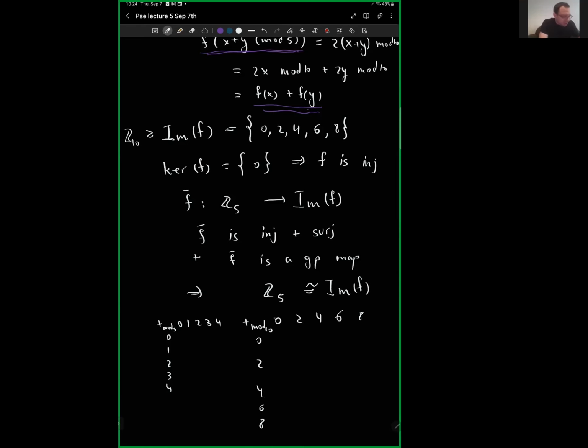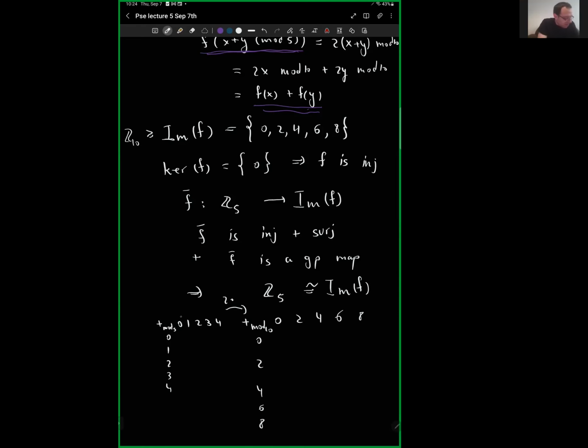But notice that from here to here, I blew up all the numbers and I blew up the modulus. So if I feed this multiplication table to a computer, it's the same.